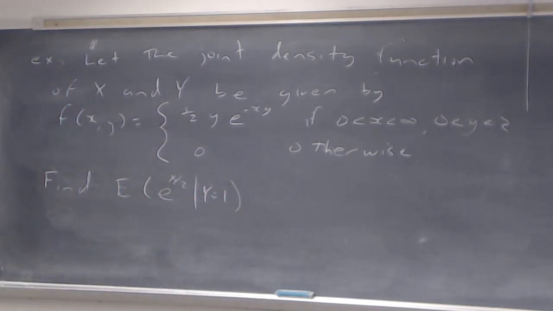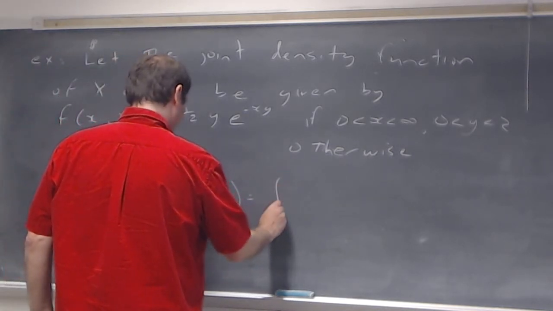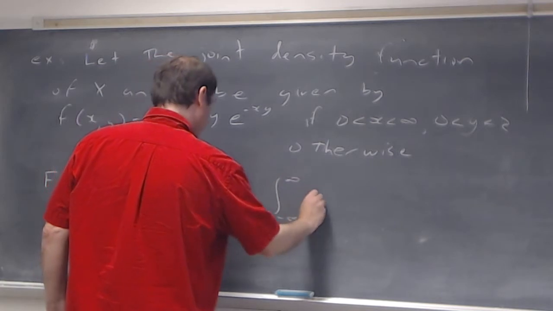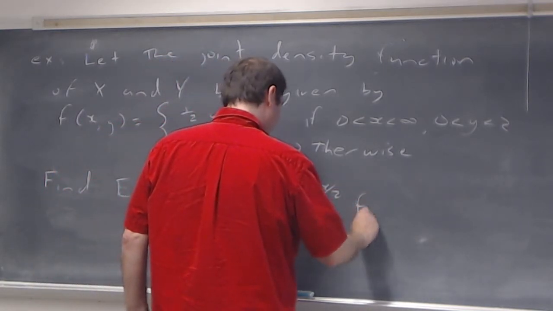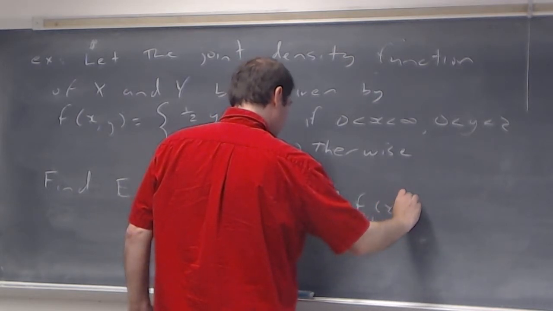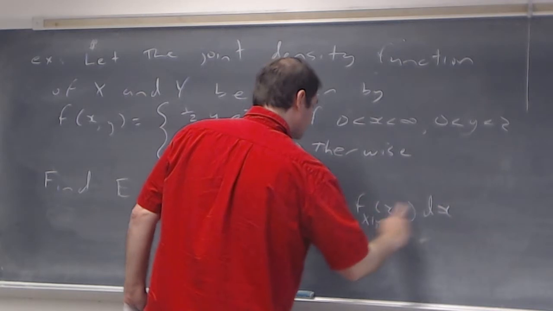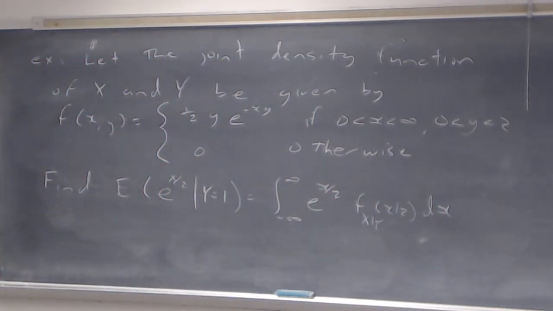Okay. Well, this is a situation where x and y are continuous random variables. And so here, this is going to be equal to an integral from minus infinity to infinity of e to the x over 2 times f sub x given y of x, 2, dx. And so we need to compute this conditional probability density function.